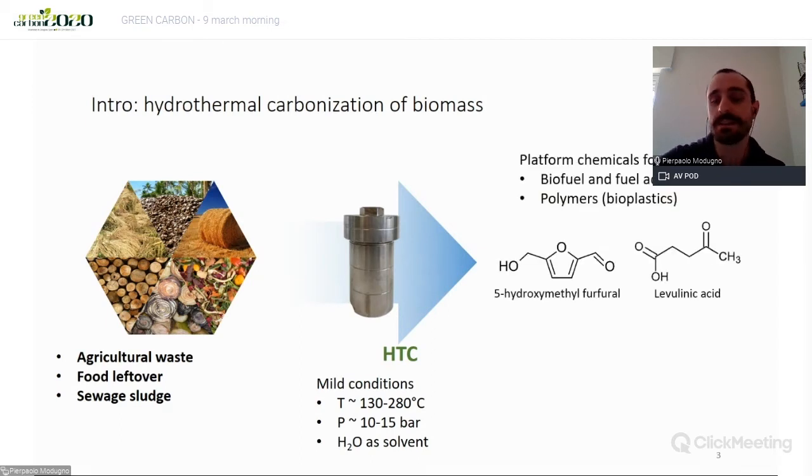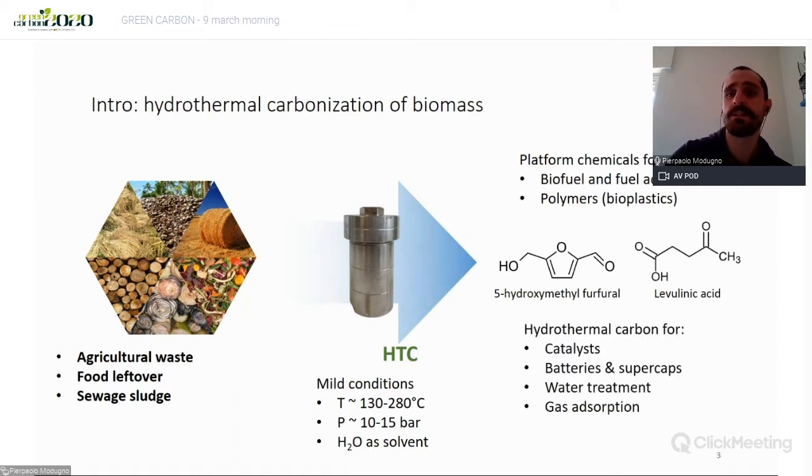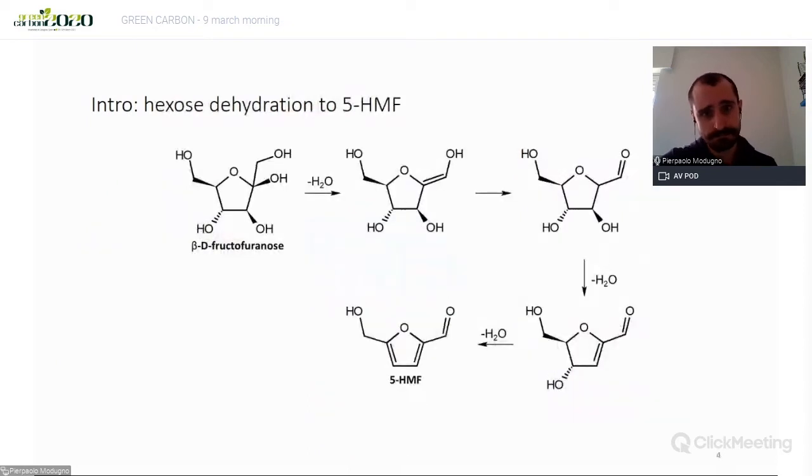In this way, we can synthesize chemicals such as hydroxymethyl furfural and levulinic acid, which are platform chemicals for the synthesis of biofuels and polymers. And we can also synthesize hydrothermal carbon, which has been used for catalysts, batteries, water treatment, and gas absorption.